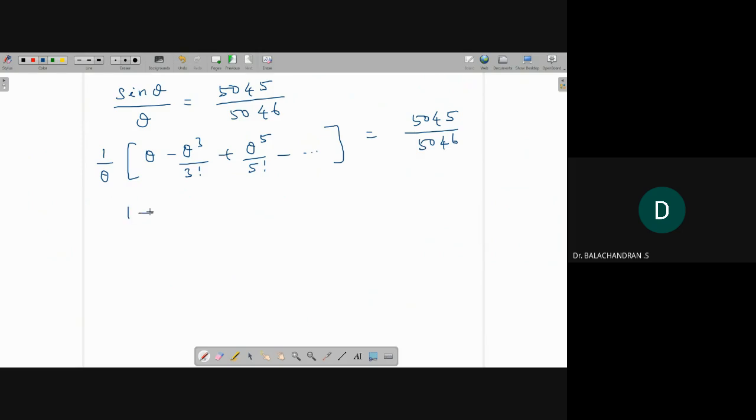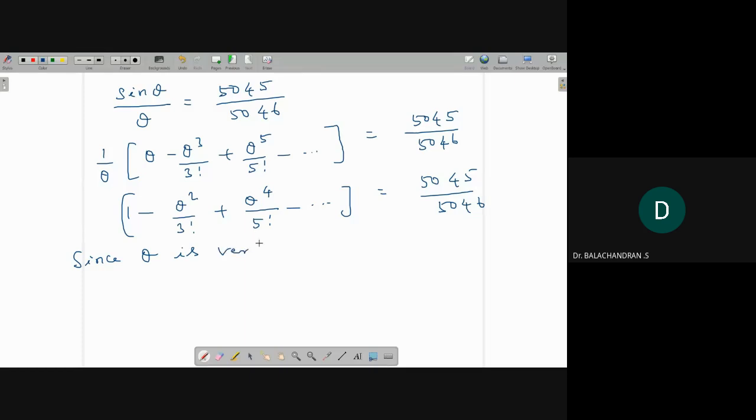1 minus theta square by 3 factorial plus theta power 4 by 5 factorial minus and so on, which is equal to 5045 divided by 5046. Since theta is very small, this is the first problem, so that's why I am writing elaborately.